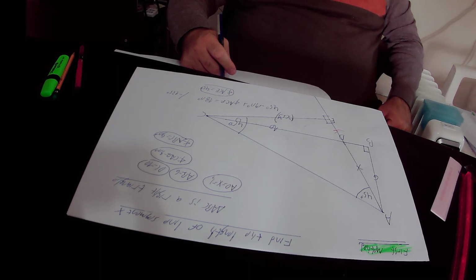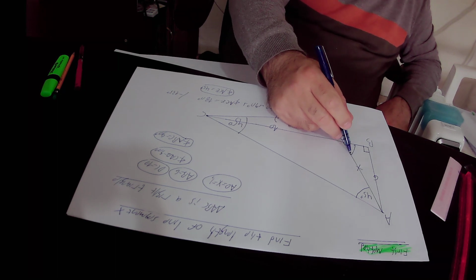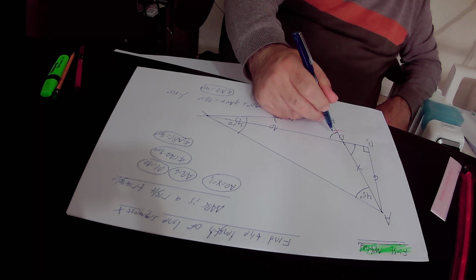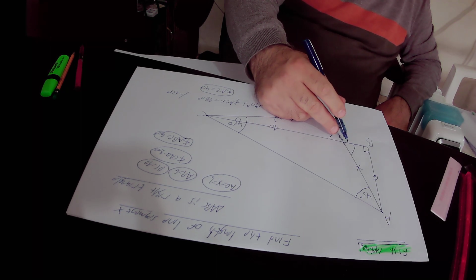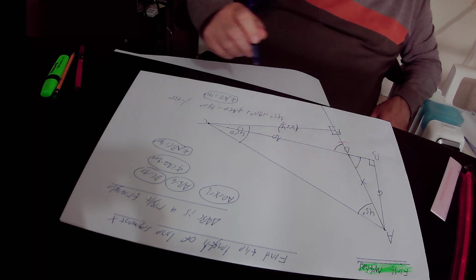And we have those two angles, which are defined as vertex angles, and we know that vertex angles are equal to each other.